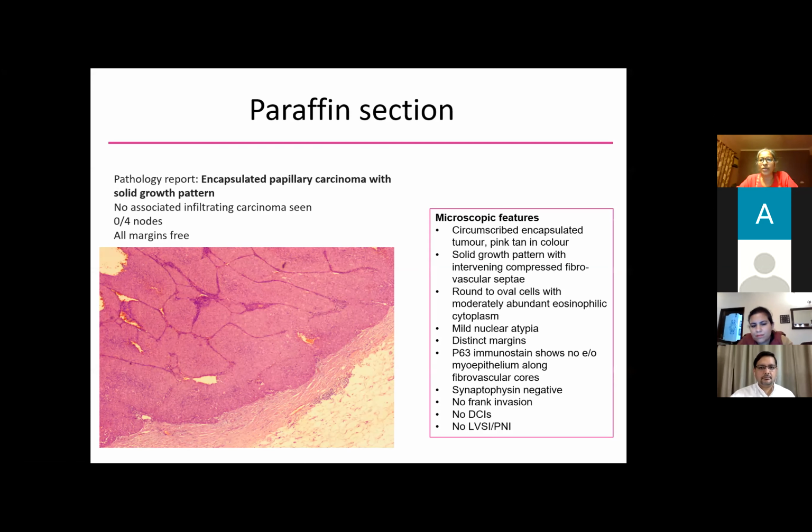Right. So as Dr. Tanuja has rightly said, all the 4 nodes which were dissected were reported to be negative. So here I would like to ask Dr. Indu Bansal, what is her opinion about adjuvant radiotherapy for this patient? Because this patient has undergone a breast conservation surgery, radiation is definitely a must. It is in a way a DCIS, but with invasive behavior.